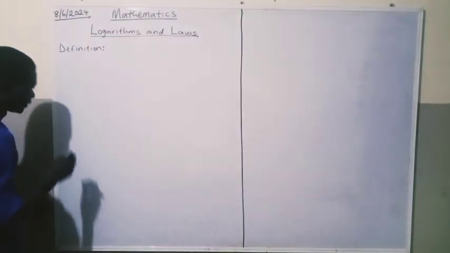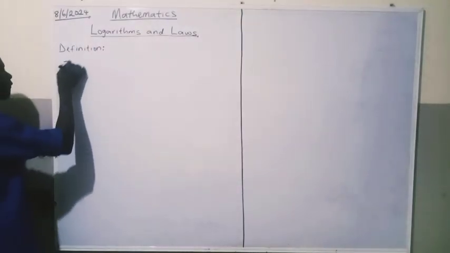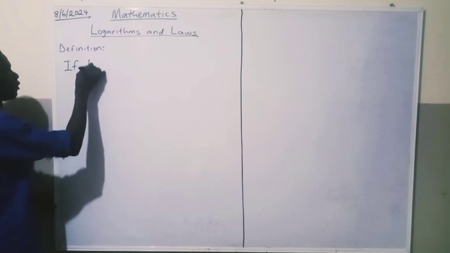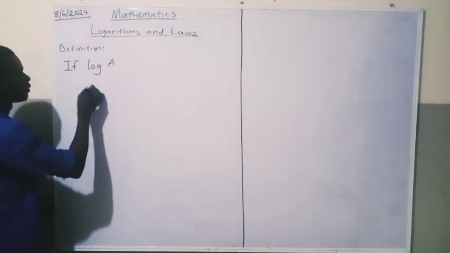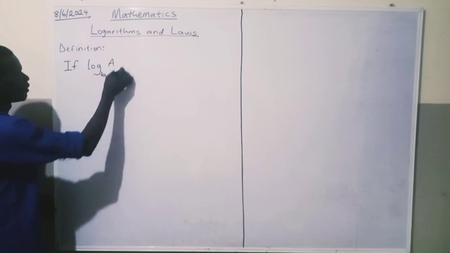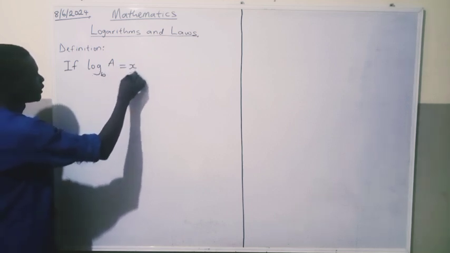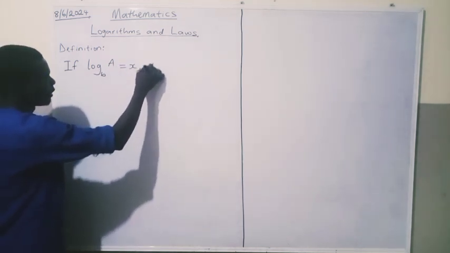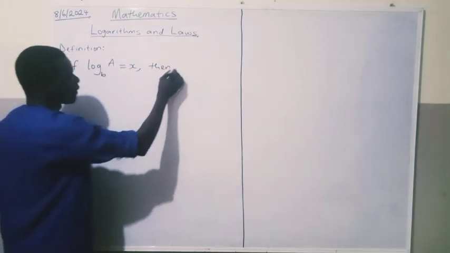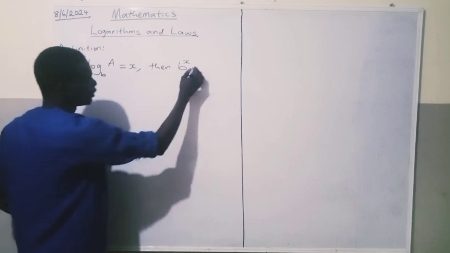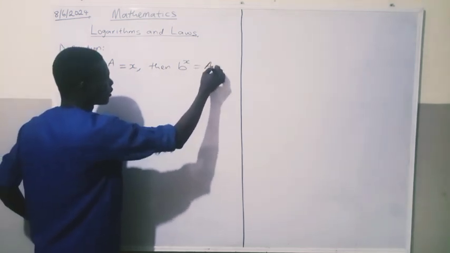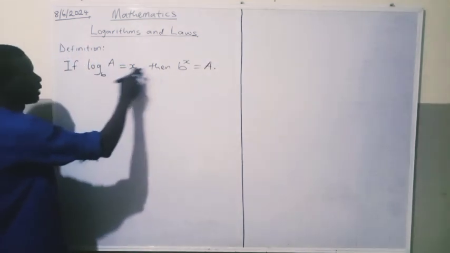The definition says, if log a to base b equals x, then b to power x will be equal to a.